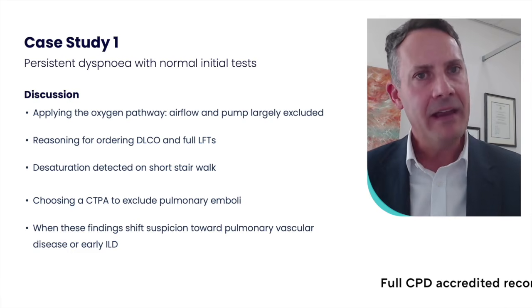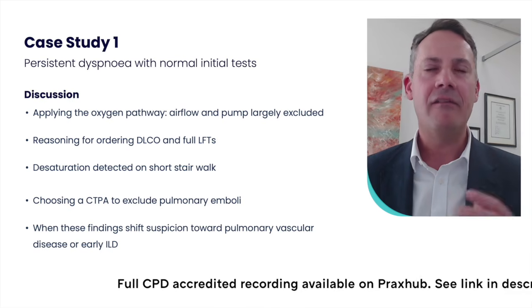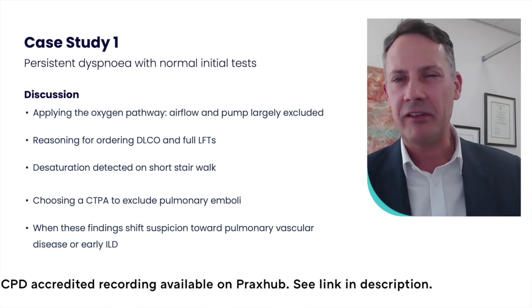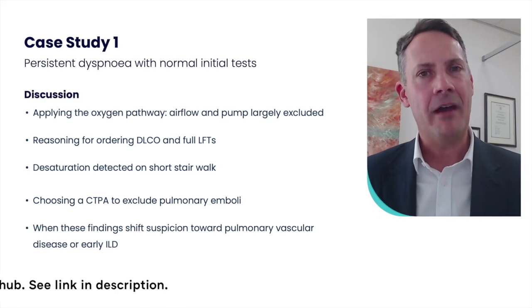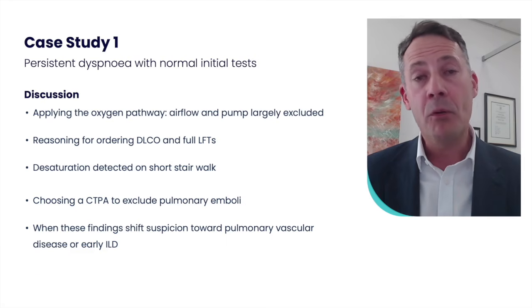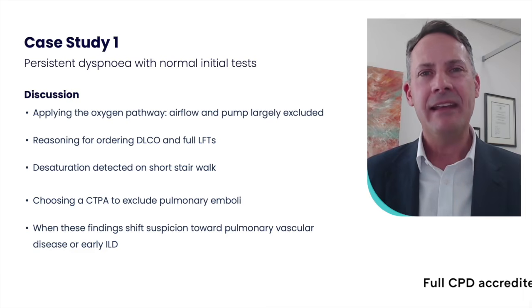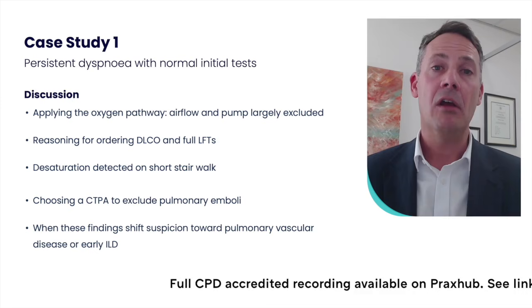The next test, with that in mind, is that if someone desaturates and they've got normal spirometry, so we've excluded COPD or something like that, then the things I'm thinking about are pulmonary hypertension in particular, or pulmonary vascular disease. And for that, we really need a CTPA to look at it.